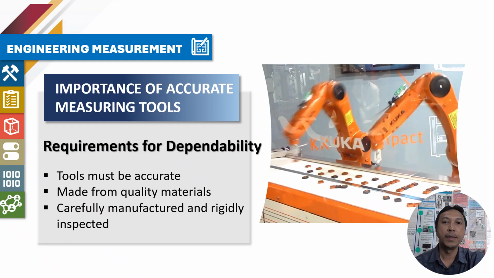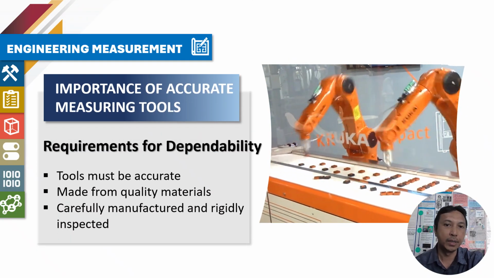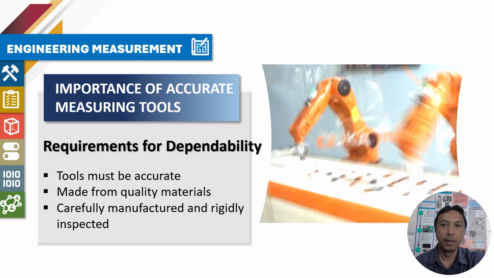To ensure lasting dependability in engineering and manufacturing, we must start with accurate measuring tools. These tools need to be produced from high-quality materials, carefully manufactured, and most importantly, rigidly inspected to guarantee reliability.